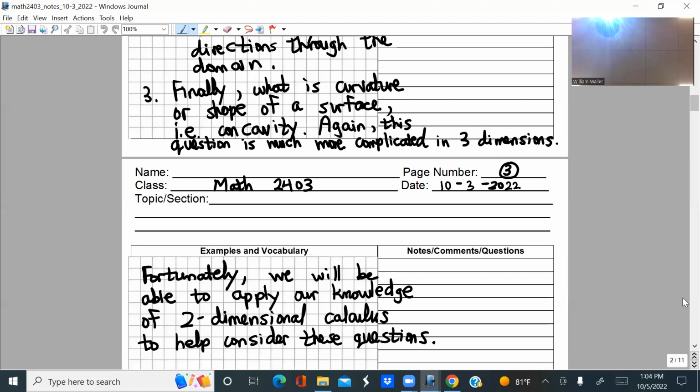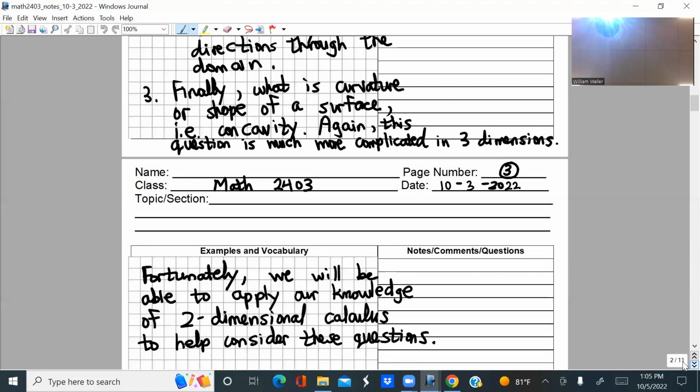So you can have that same analogous idea in three dimensions that you have in two dimensions. Those are the questions that we're going to take up. In 3D calculus, exactly the same questions that we considered in calculus, we just apply to three dimensions.